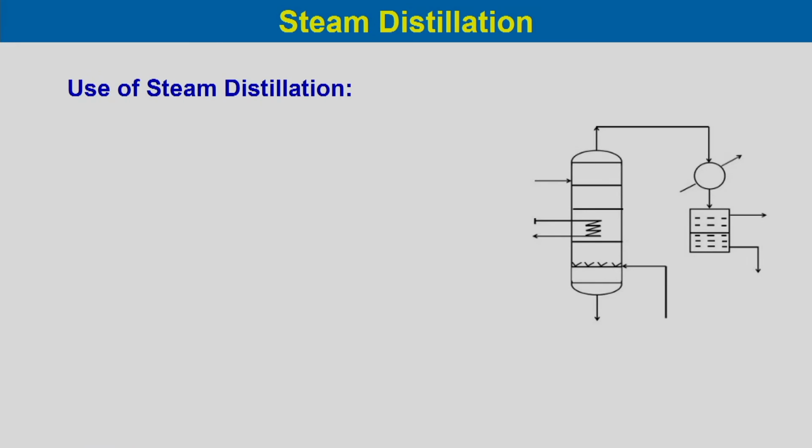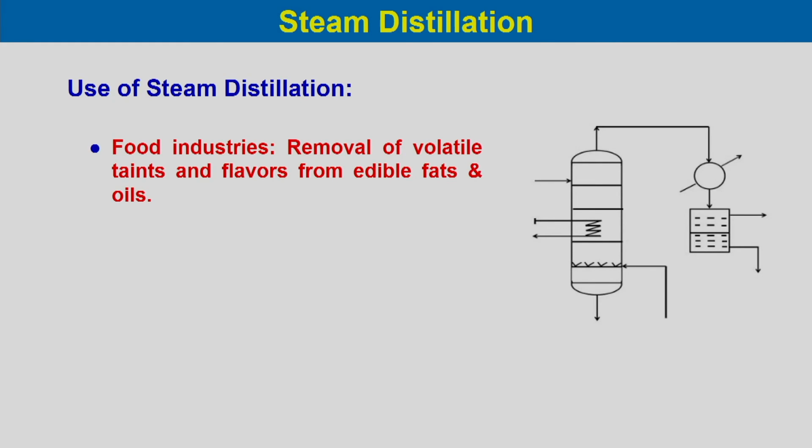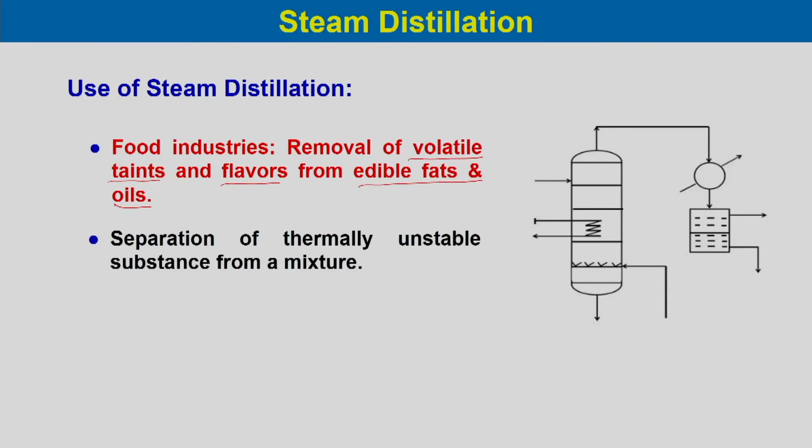Now, use of steam distillation, as we said, for food industries, that is removal of volatile taints and flavors from edible fats and oils. This is one of the applications of steam distillation.